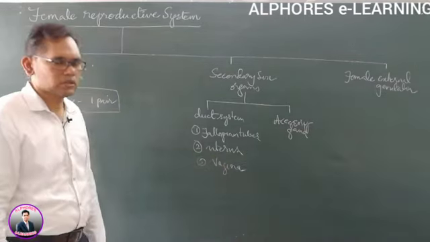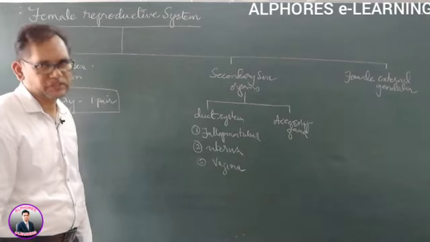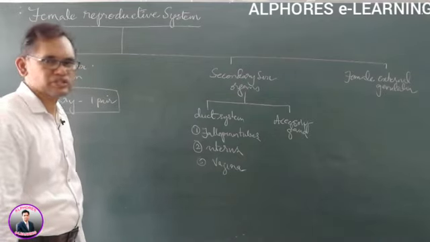Fallopian tubes, uterus, vagina: this forms the duct system.